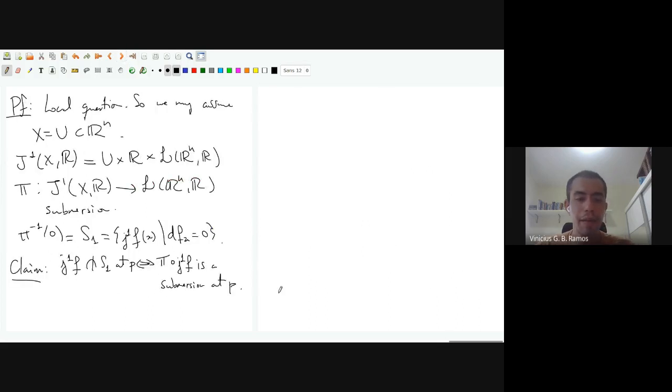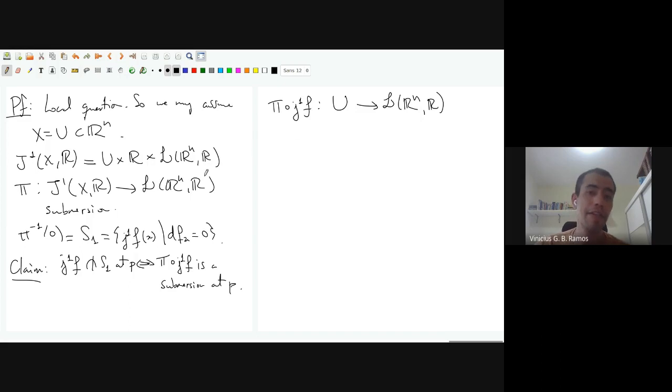And what is this expression? So let's write this down. What is pi composed with J1 of F? This is a map that goes from U to L(R^n, R).